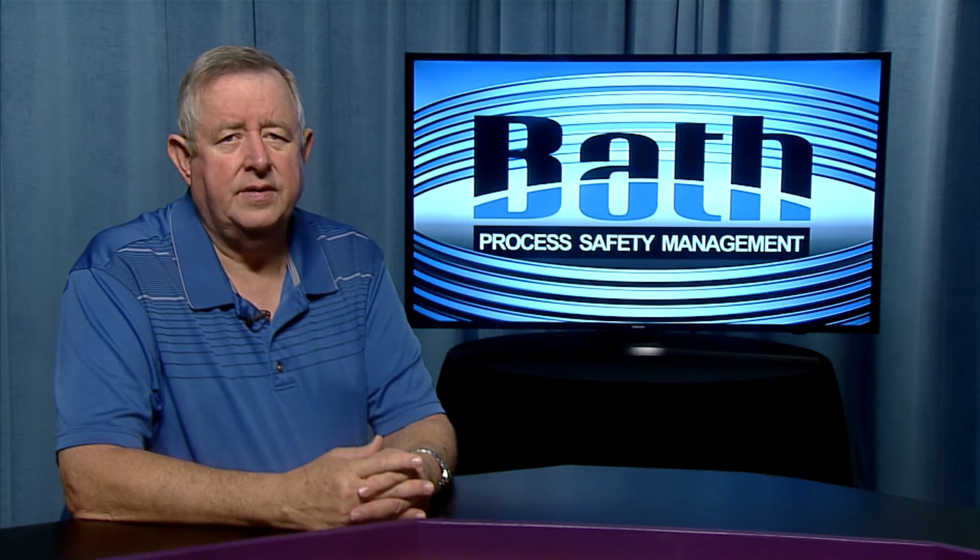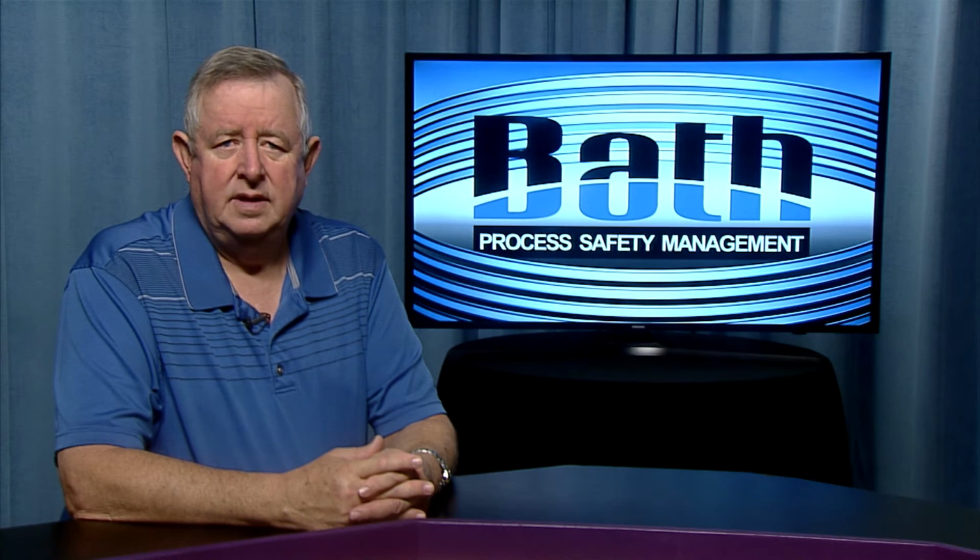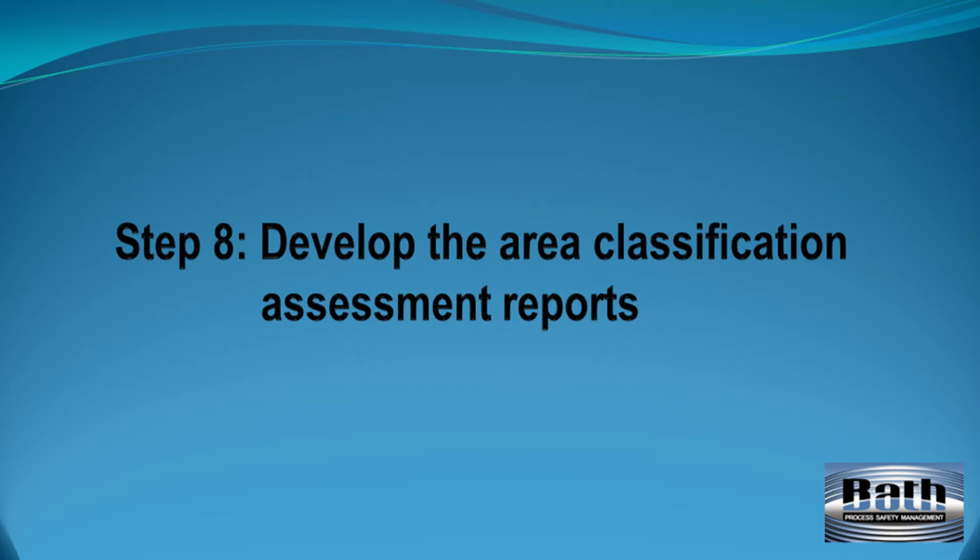Step 8. Develop the area classification assessment reports. These reports will provide the end user with a complete set of documents that reflects how and why the area classification was determined.